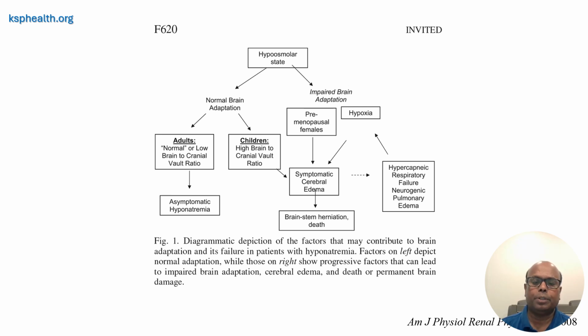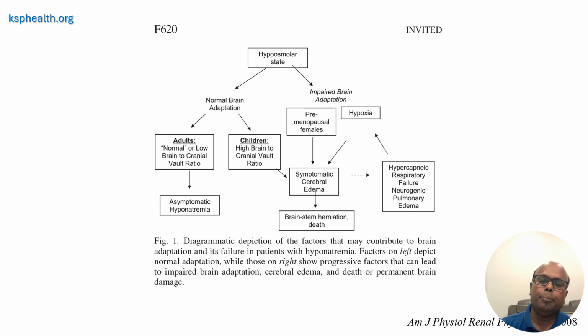This particular picture depicts the factors that may contribute to the brain adaptation and its failure in patients with hyponatremia. A hypoosmolar state, when there is a normal brain adaptation in adults, causes asymptomatic hyponatremia.